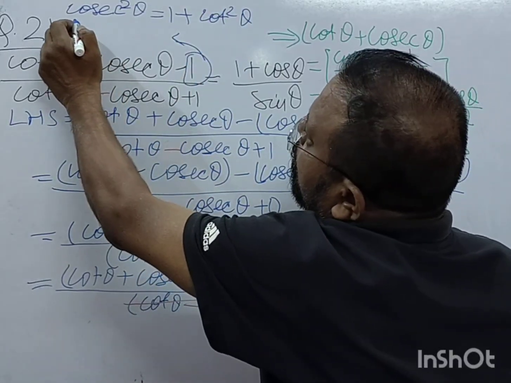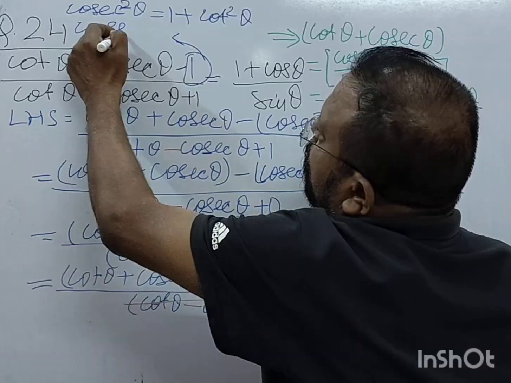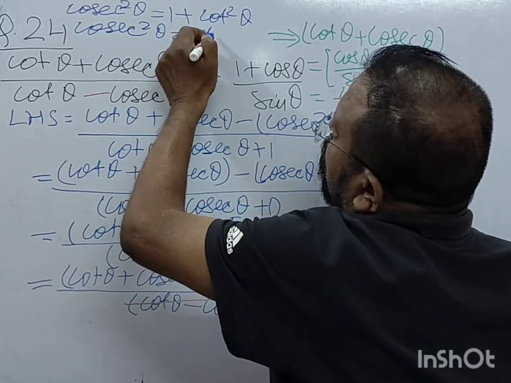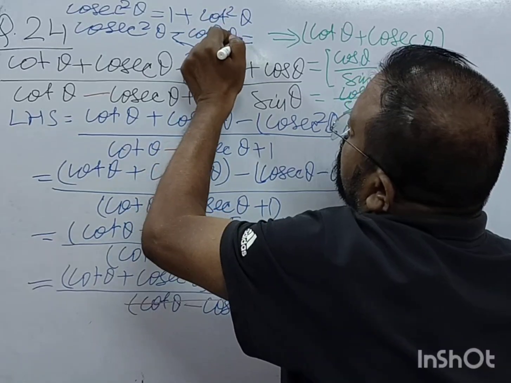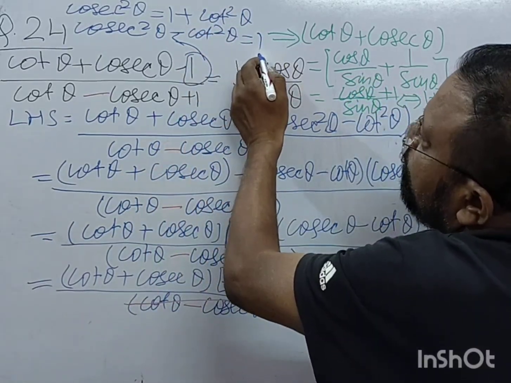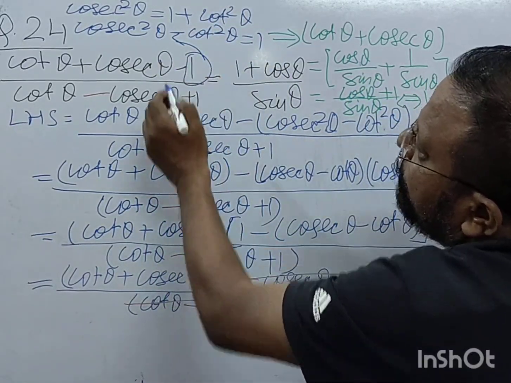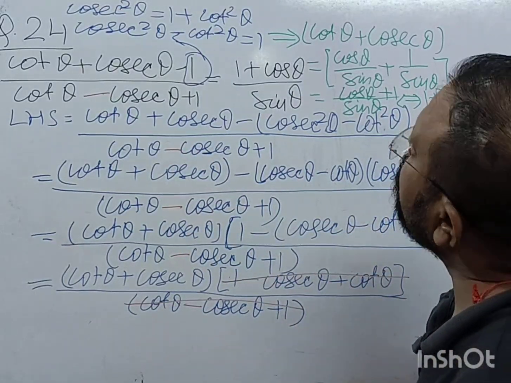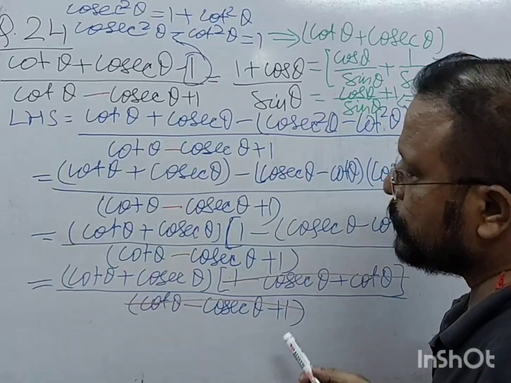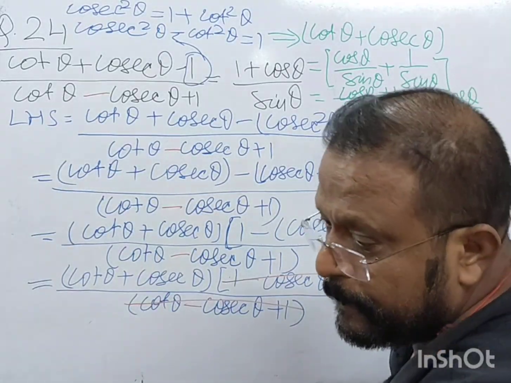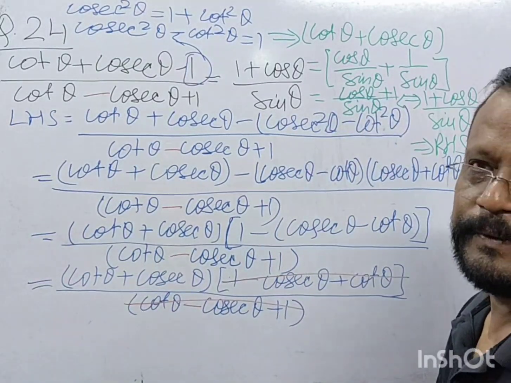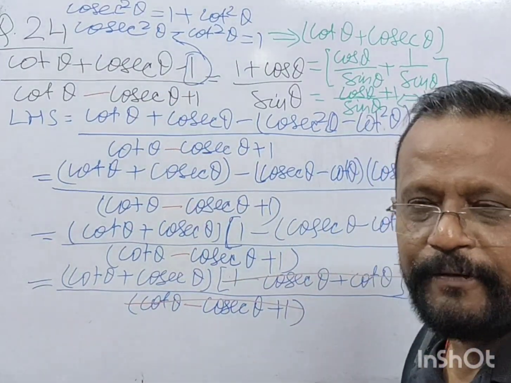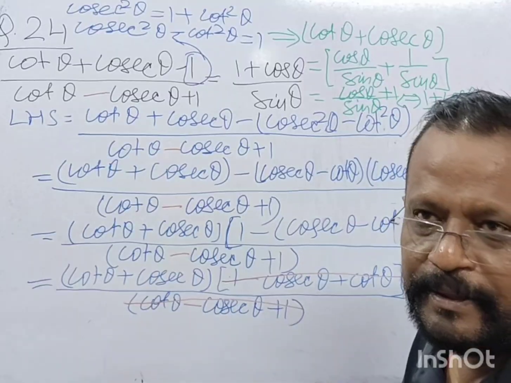So we can take cosec square theta minus cot square theta is equal to 1. So in place of 1 we have taken this, and after that we solve the entire equation. This is the only condition to solve this kind of question, right? You learn this. If you do not take this, the question is not going to be solved. There is no other method for solving this question except this, right?